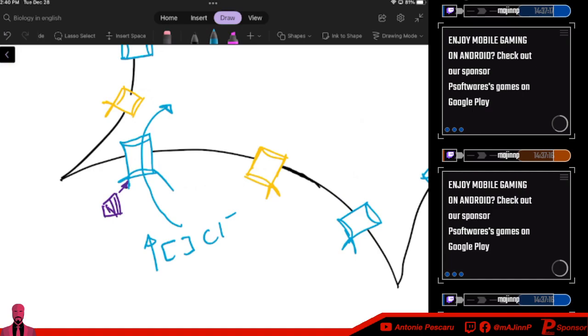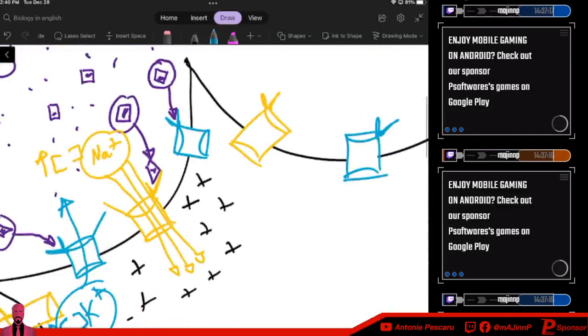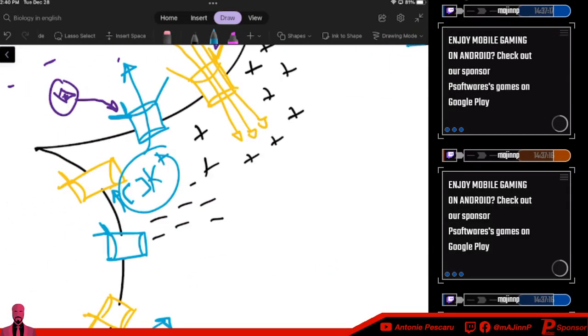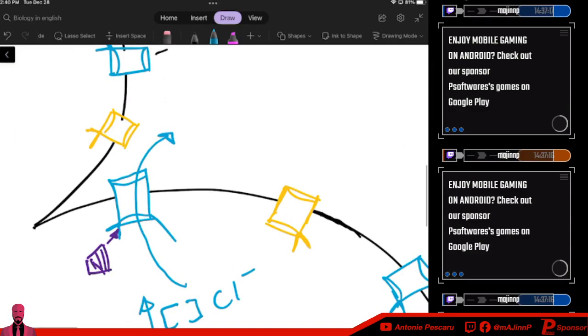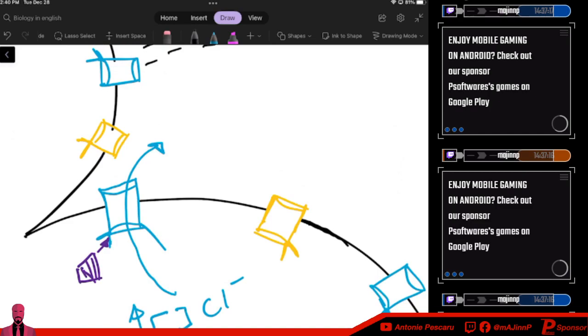Wherever there's a high concentration, it's going to want to go to the lowest concentration, right? Same thing for our chlorine. And what does that do if minus goes into the cell? It's going to render the cell more negative, right?